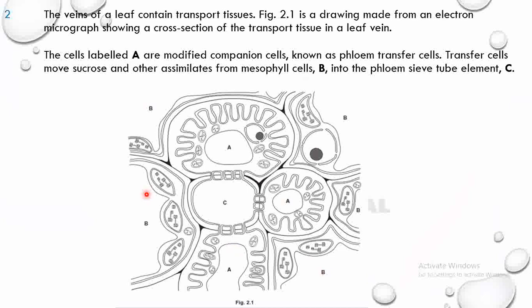The function of B, the mesophyll cell, is photosynthesis. It makes sugar by combining water and carbon dioxide in the presence of light and chlorophyll. So what adaptation does it have? Write it down, pause the video and try it. Can you see it has chloroplasts? Chloroplasts contain chlorophyll, which traps sunlight.